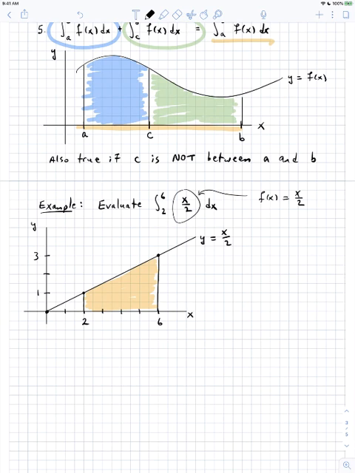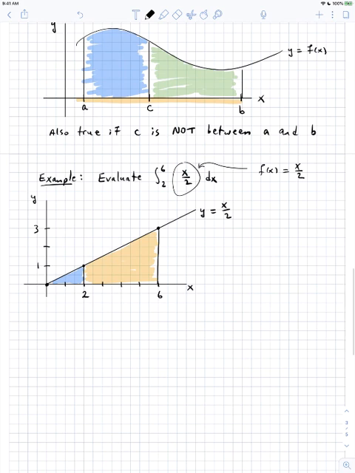So notice that we have a large triangle and a small triangle. The large triangle is this triangle from 0 to 6. There's a big triangle there, and we can compute the area of that big triangle. And then there's a small little triangle right here. Let me just make that small little triangle blue so that way I can call it the blue triangle.